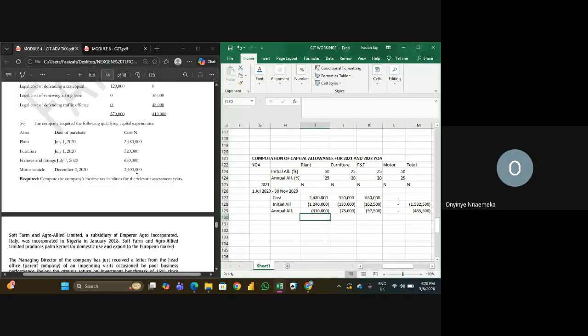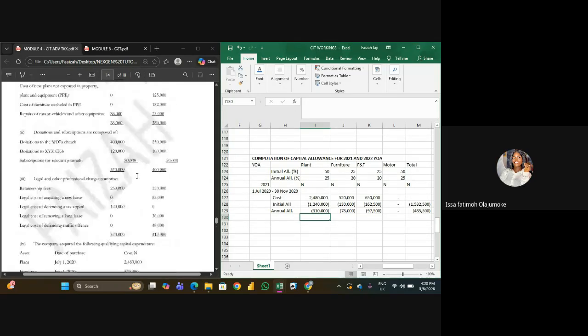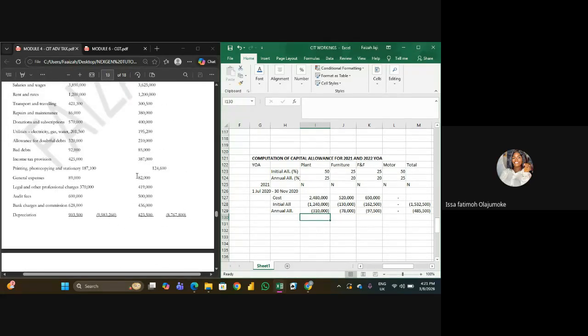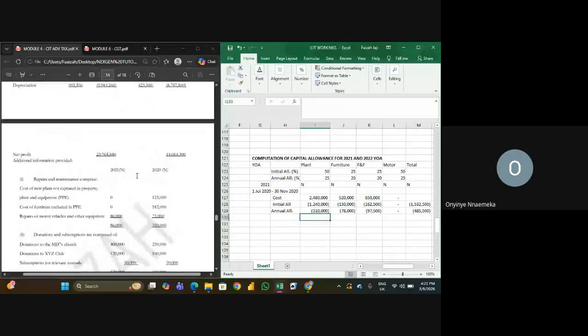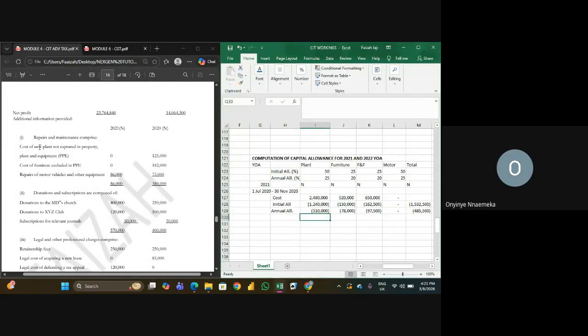Is it this question? Yes, ma. Repair and maintenance, cost of new plants not captured in, cost of furniture excluded. Okay, thank you so much for bringing my attention to this.